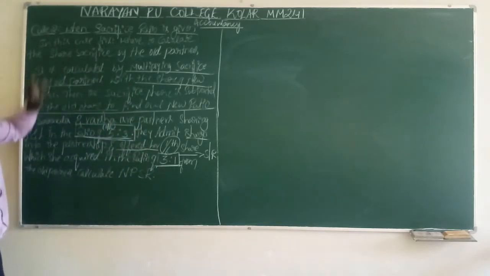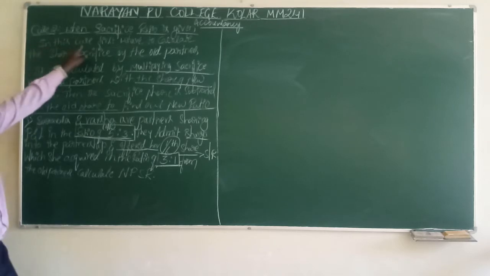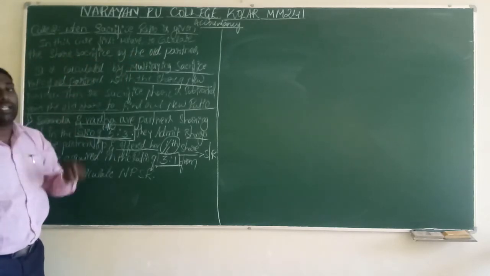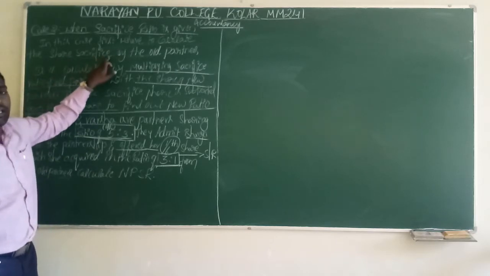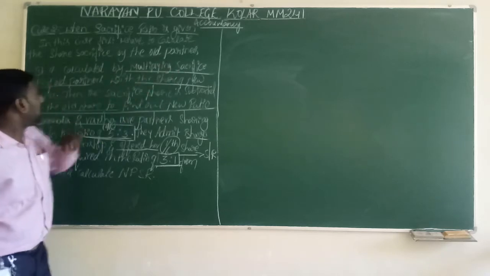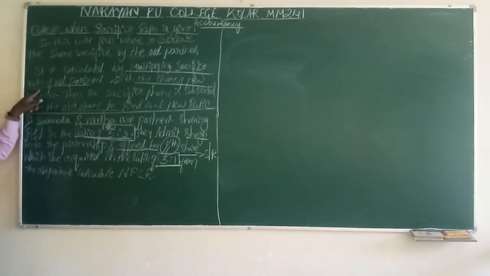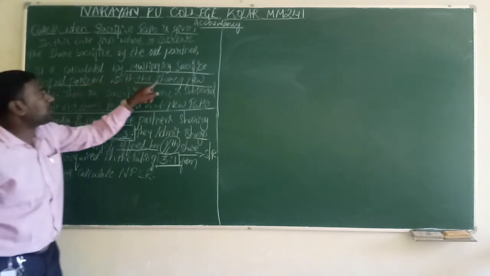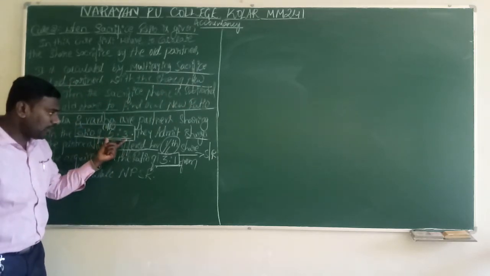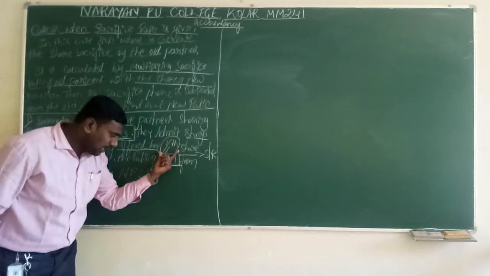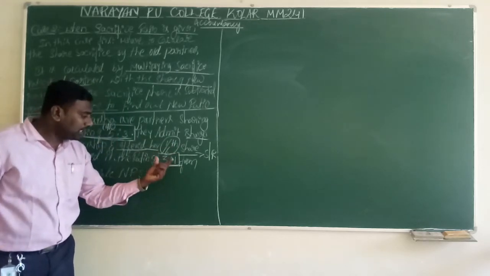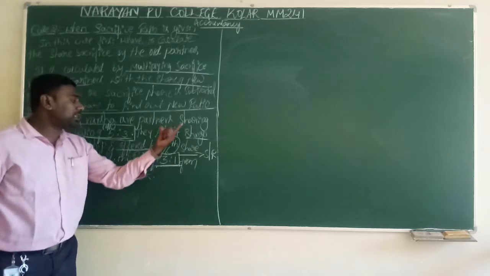Case number 2 says that in this case, first we have to calculate share sacrifice. That is step number 1. How to calculate it? By multiplying the sacrifice ratio of the old partners with the share of the new partner.